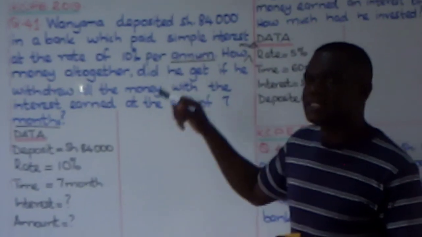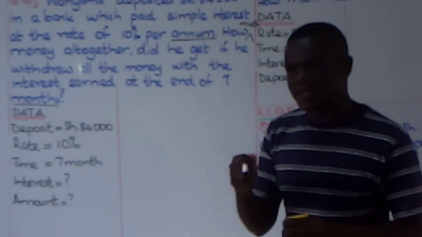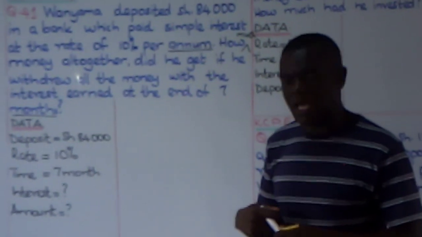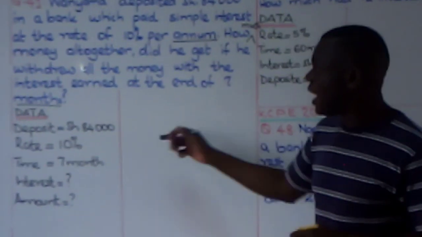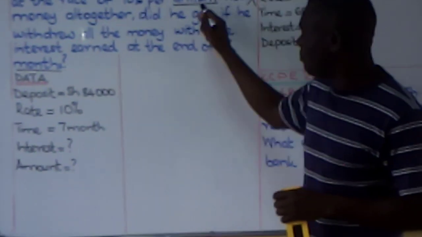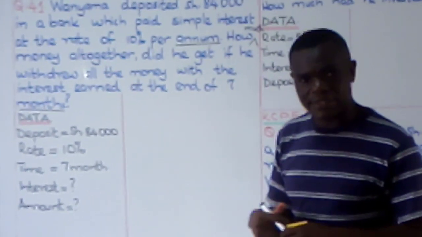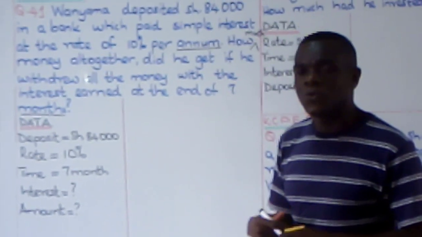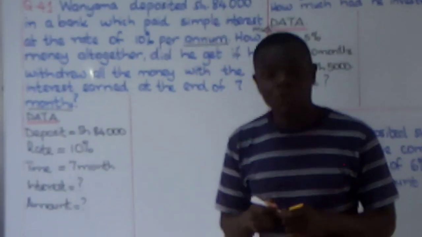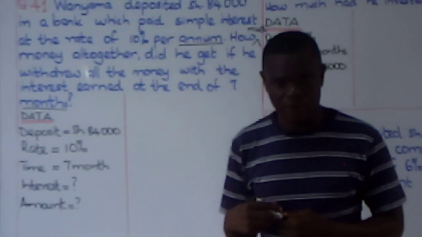If the rate says per annum, then the time will be yearly. I hope you understand. So here we are talking about per annum, but the time is given in months. And so we will do something to make sure these months become years. We convert them into years by dividing by 12.